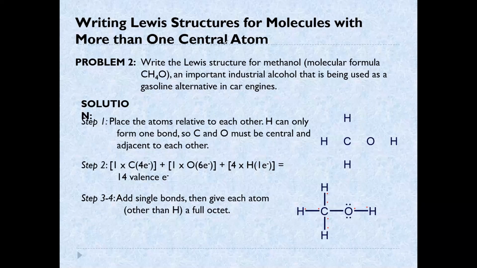If you count this now, for carbon, each of the hydrogens is a duplet, 1, 2, 3, 4, 5, 6, 7, 8.